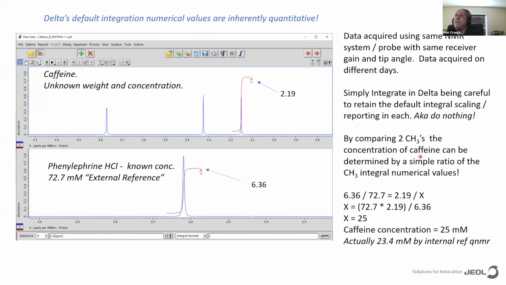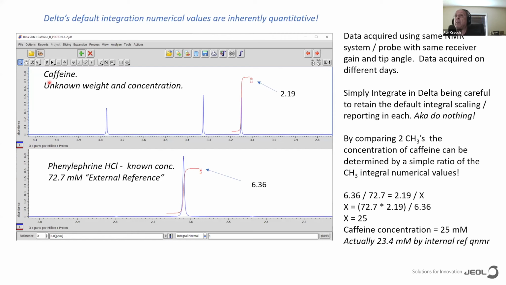Now, if we have two spectra, any NMR vendor software would have the ability to show integrations in an absolute intensity mode, unbiased by user assignment. In JEOL software, if you integrate a spectrum and do absolutely nothing to scale the integral, by default, it is this absolute intensity.